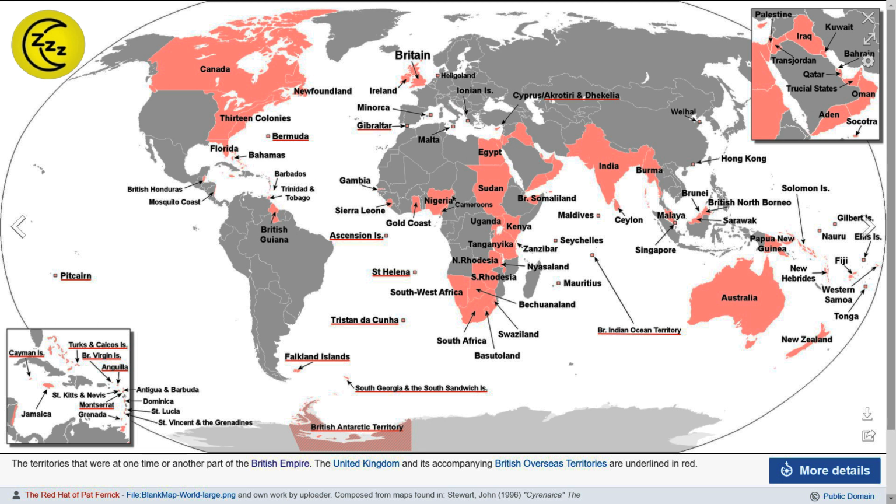The term was embodied in statute in 1931. Today, the Commonwealth includes former elements of the British Empire in a free association of sovereign states.